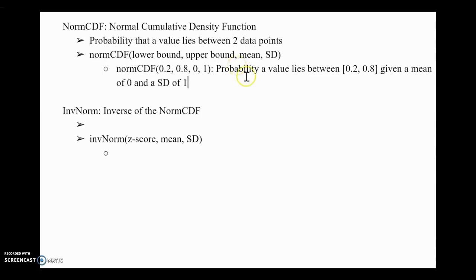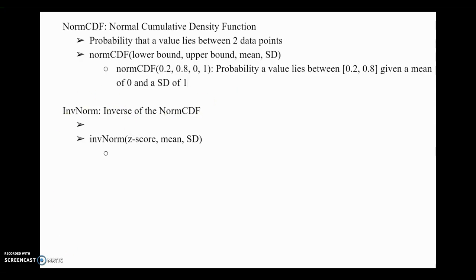The other way of finding this probability is, in a sense, using Z-score. So if you were given something like 0.6 and you wanted to find how many standard deviations away from the mean it is given these values, you can plug that in. So that's how Z-score relates to norm CDF. It will give you the number of standard deviations above the mean it is.